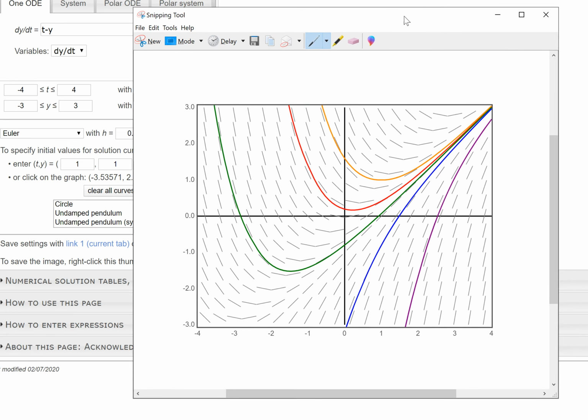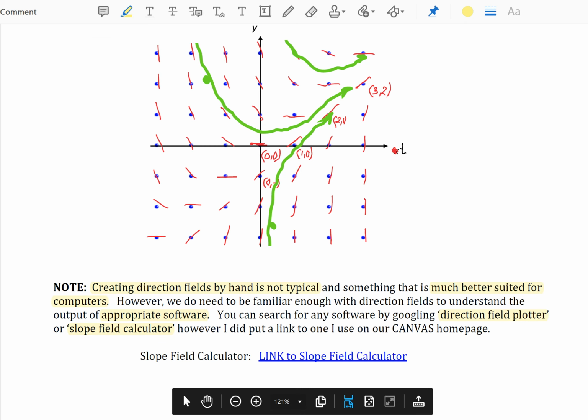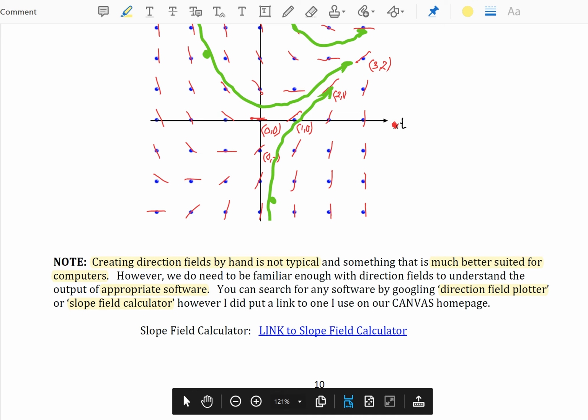And then you can insert this into any Word document and submit it with your homework. I'm going to be using the slope field generator for other problems, so we're going to get more practice with it in the next couple of sections. Okay, so use your slope field calculator when appropriate.